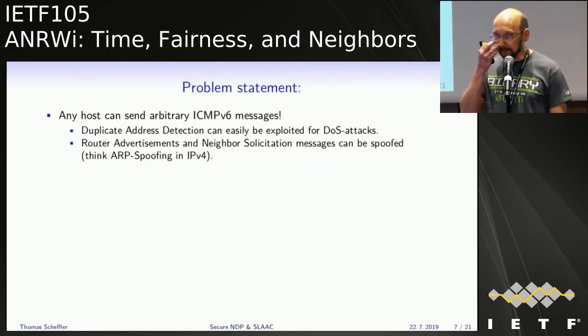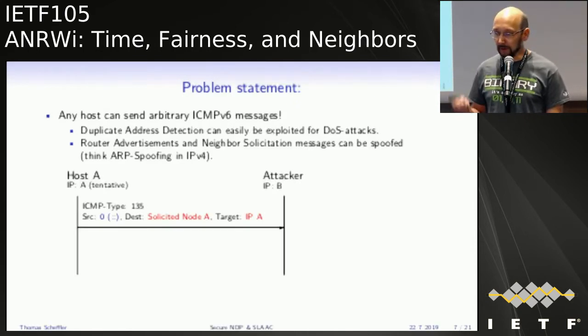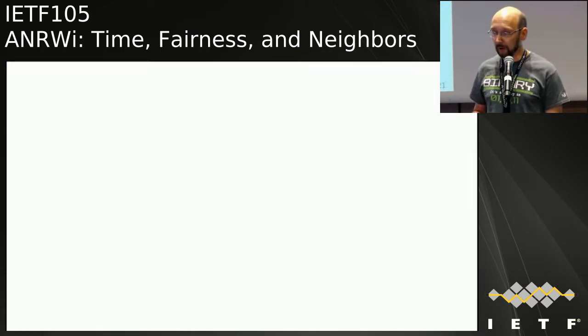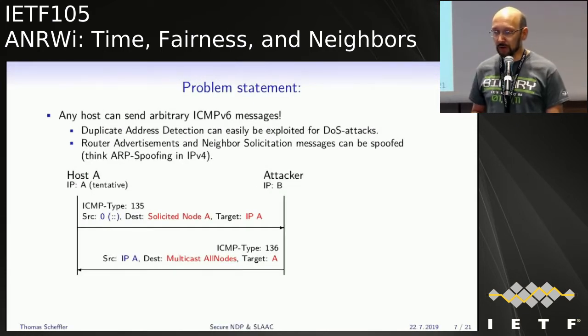But it's possible to attack these protocols, and it's very easy to do. You can DoS somebody just by replying to these messages on the network, and other attacks are possible as well. So how does this DoS work?